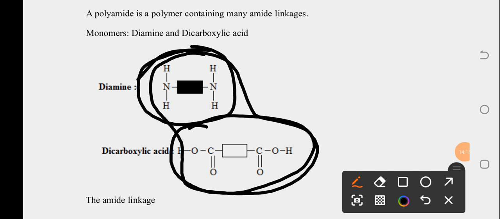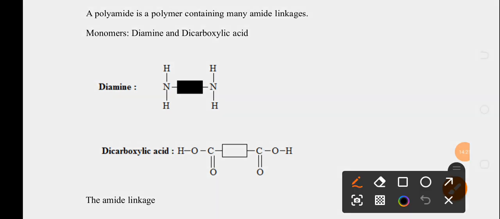So how do we join these 2 monomers? Okay, here are the points. I want you to understand very well. So what we normally do, we remove H from the amine.